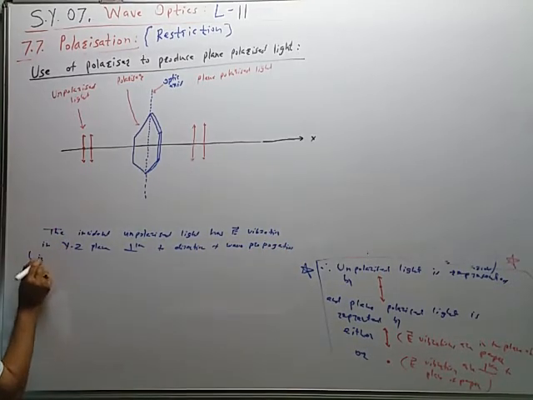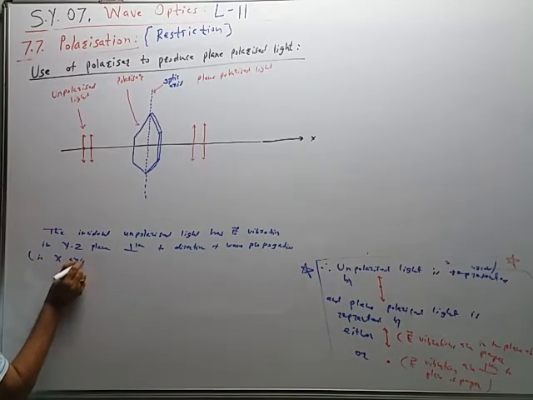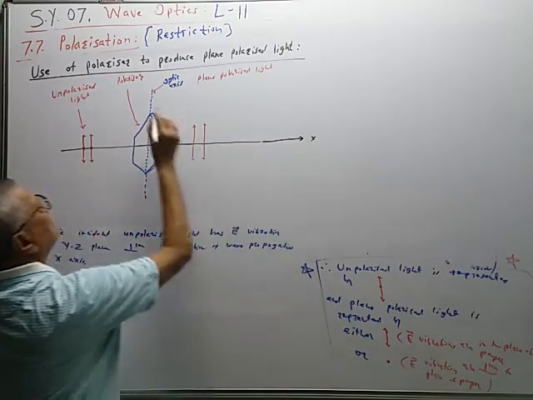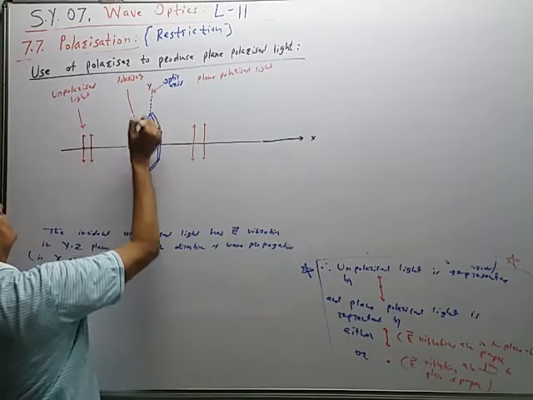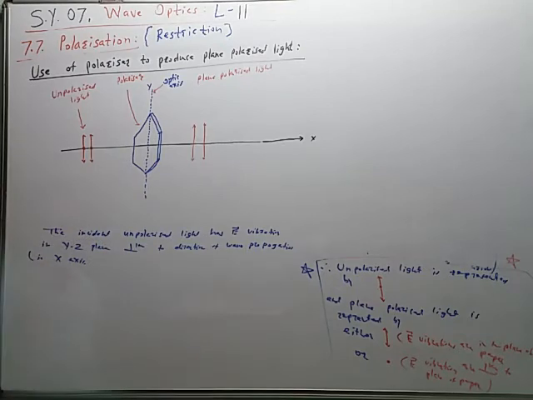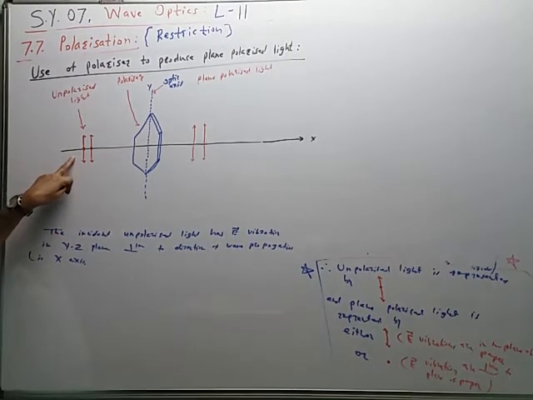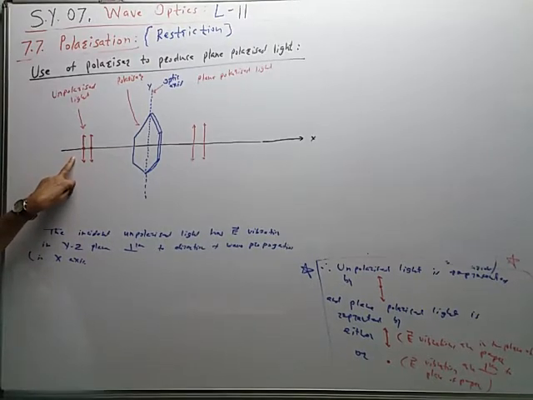That is the x-axis. This is the x-axis. This is the y-axis. And the z-axis will be perpendicular. So this is the unpolarized light having vibrations in all directions, symmetrically distributed.